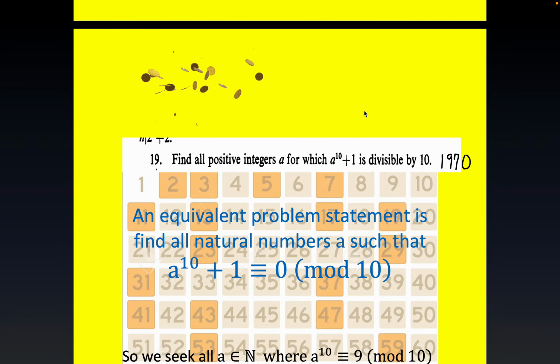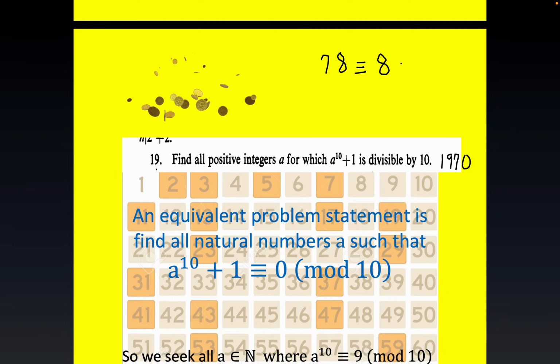Now, one thing I want to talk about, this particular problem deals a lot with what they call last digit analysis. So let me give you an example of what I mean, modulo 10. 78 is congruent to 8 modulo 10. So this is an equivalent way to characterize what we mean by the last digit.